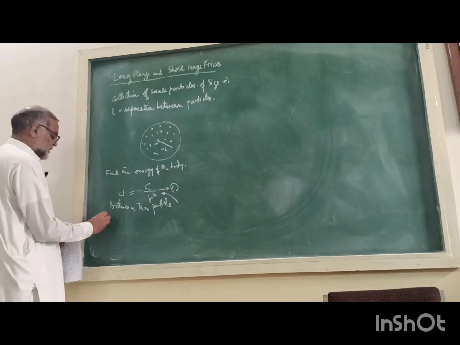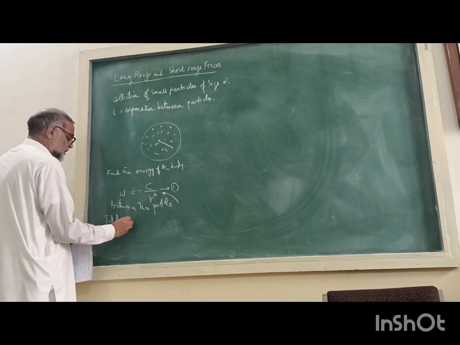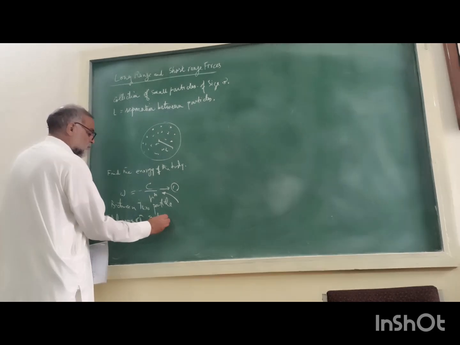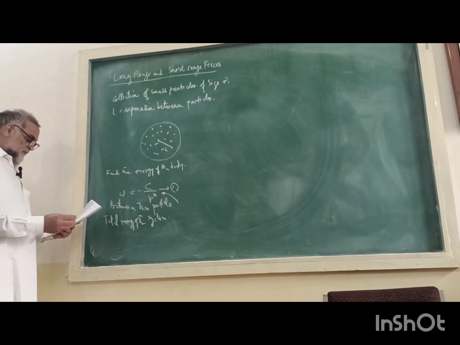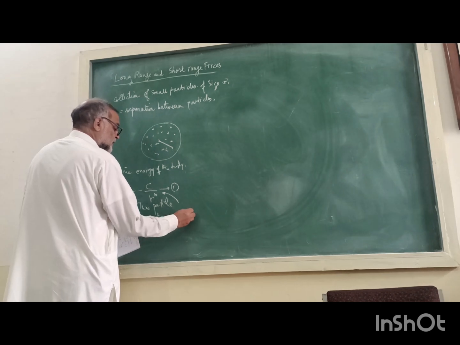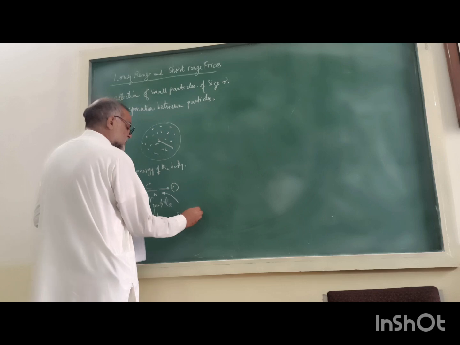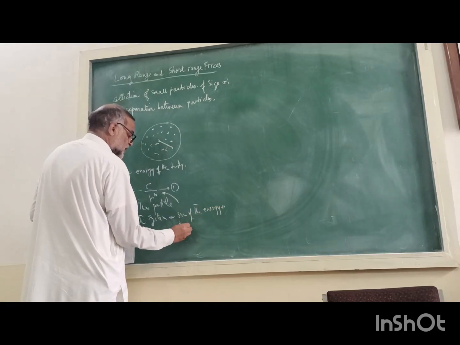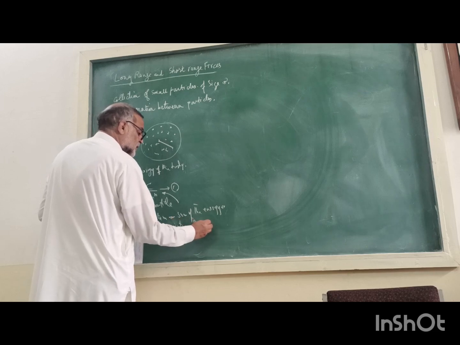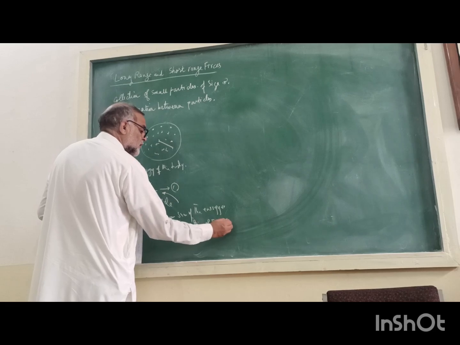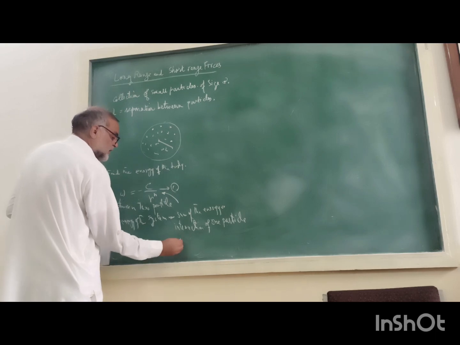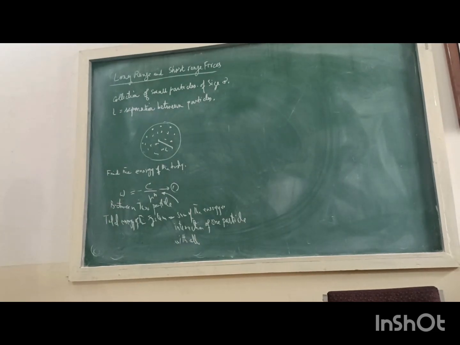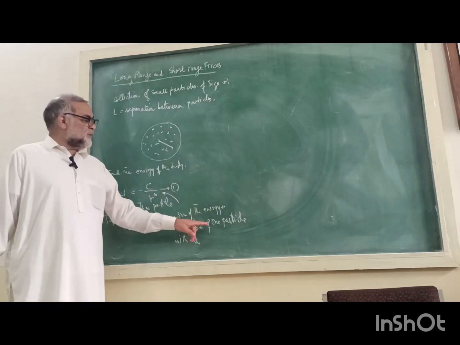If we want to find the total energy of the system, it will be the sum of the interaction energy of one particle with all the others.